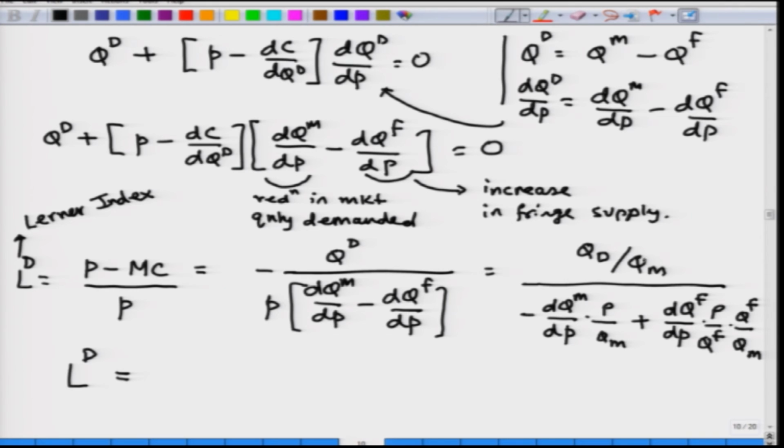So, look at the first term here, Qd divided by Qm. This is the market share for the dominant firm. So, let us call this SD. On the denominator we have minus dQm dP times P divided by Qm.